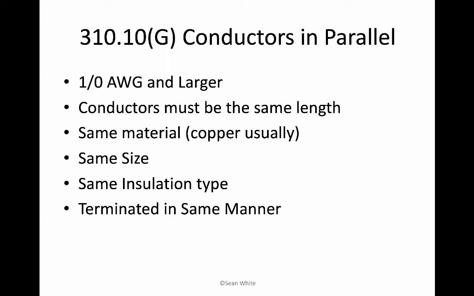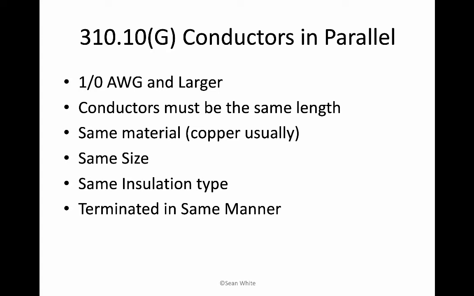If I have 2 conductors going from one place to another, I can't make one twice as long as the other. That leads to the same amount of resistance because they're also the same size, the same diameter. If we have a conductor that's the same length, size, and material, talking copper, there's going to be the same amount of resistance in each conductor.